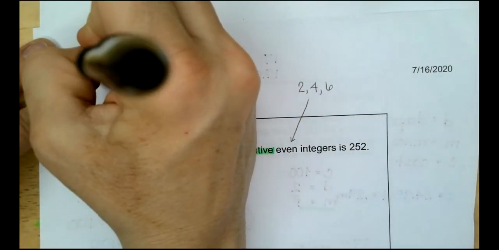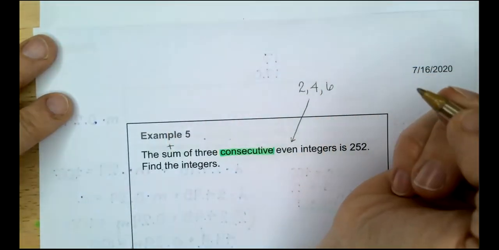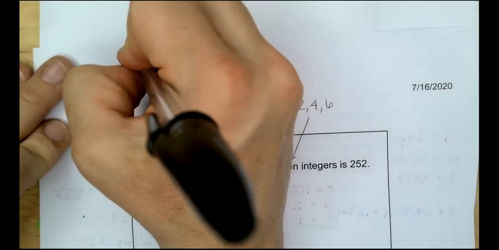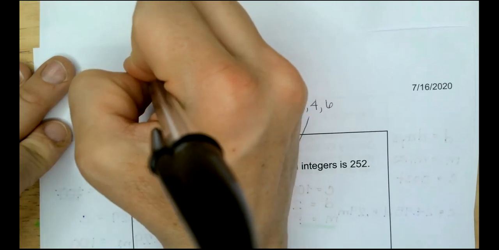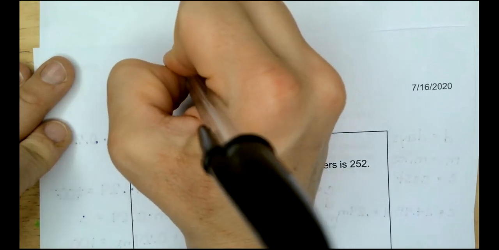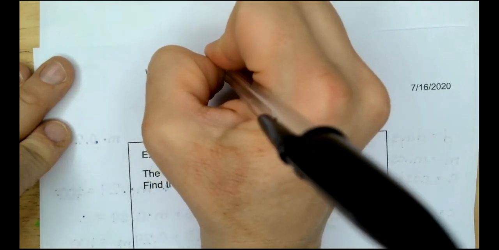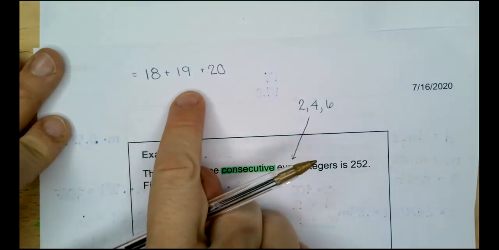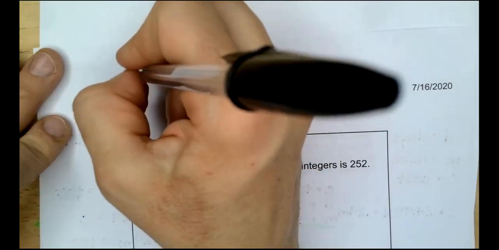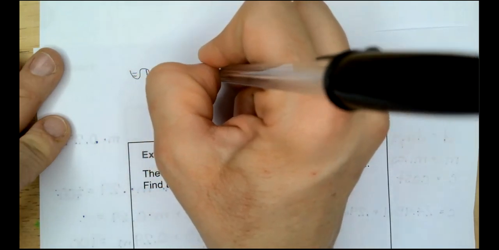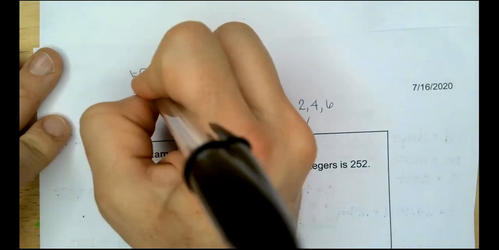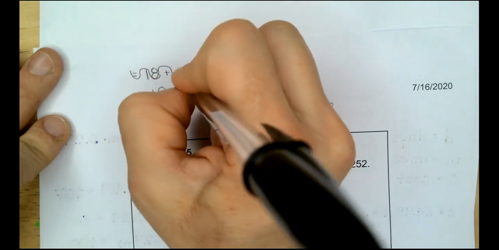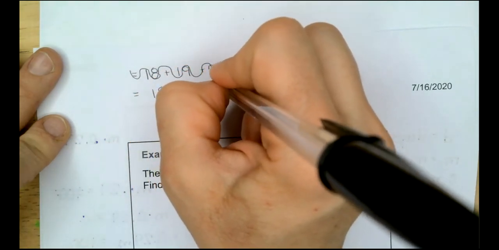The sum of 3 consecutive even integers, 18, 19, and 20. This would be the sum of 3, I can't even do that. The sum of 3 consecutive even integers, 18 and 20 and 22.